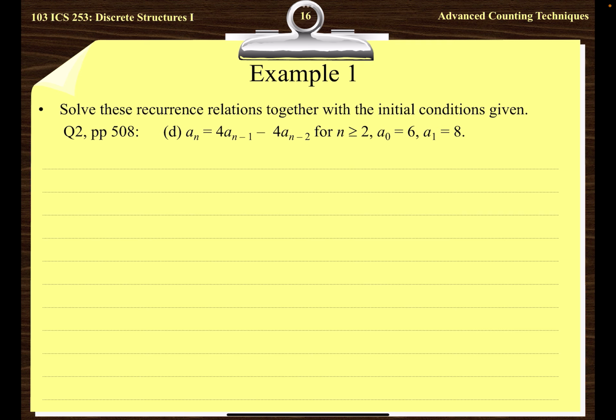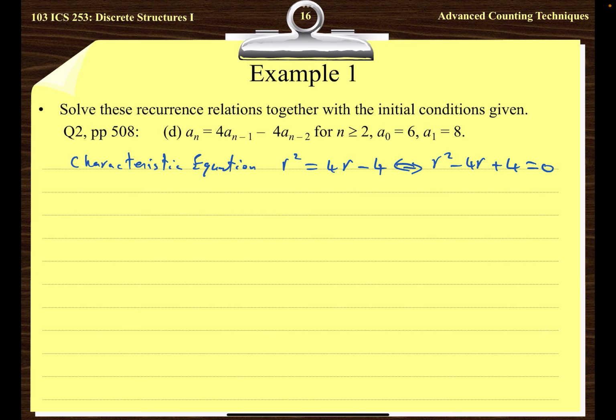So let's start with the characteristic equation. Who's going to tell me what the characteristic equation is in this case? r squared equals 4r minus 4, which means r squared minus 4r plus 4 equals 0.